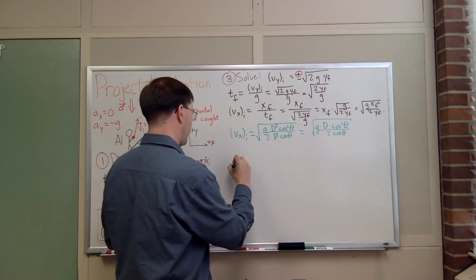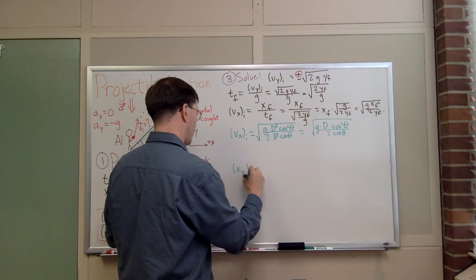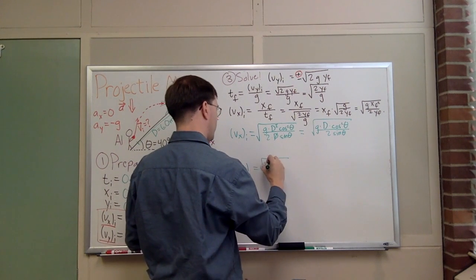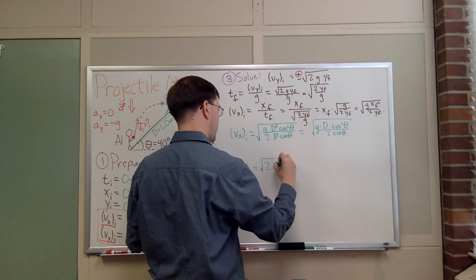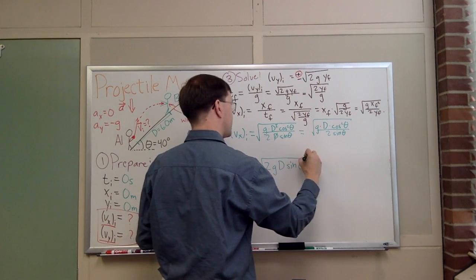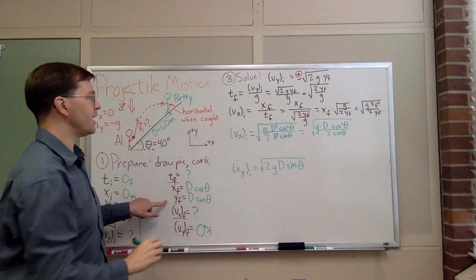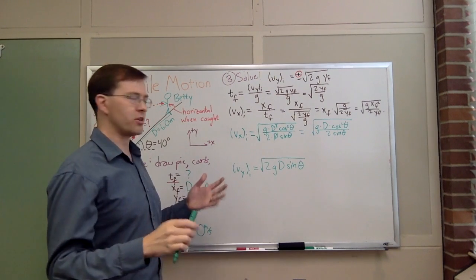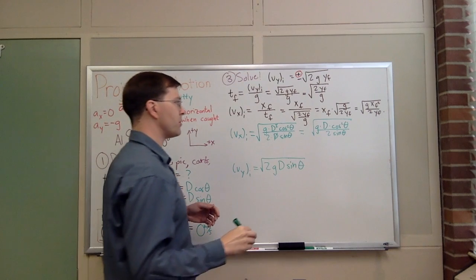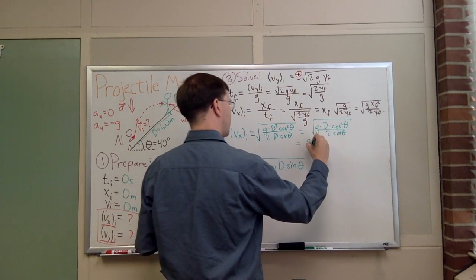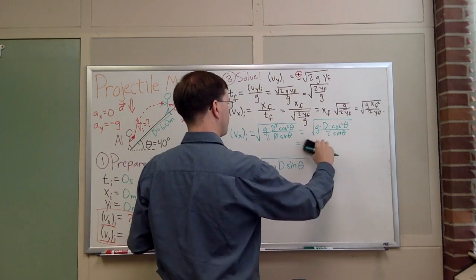And my Vy initial is up here, the square root of 2g d sine theta, because that y final was d sine theta. So I've got that, and at this point, I can actually plug in numbers. This top one becomes, oh, I should put this, I didn't leave enough space.